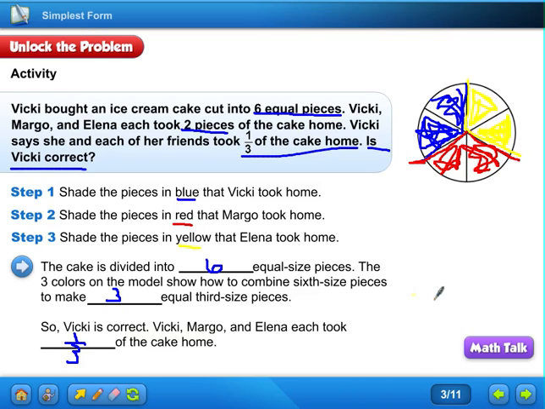All right, let's go to the next part. Let's write that first, sorry. So let's write, there was 2 pieces each one of them took. So 2/6 is equal to 1/3.